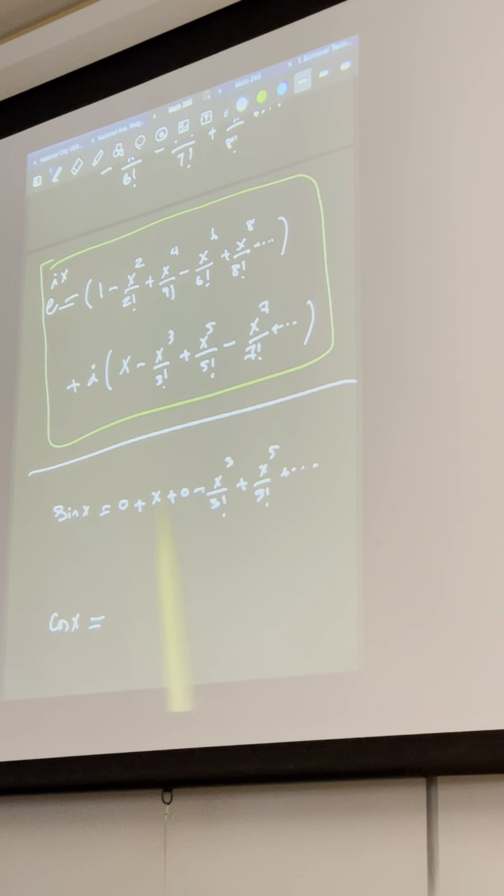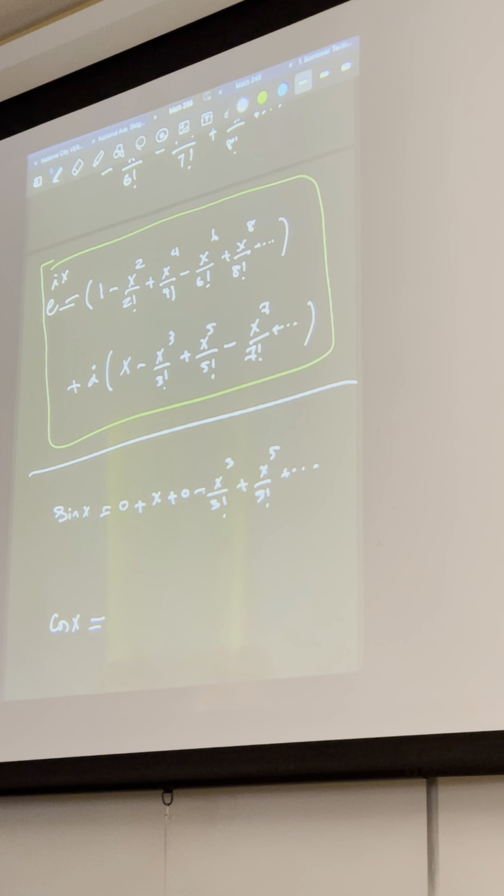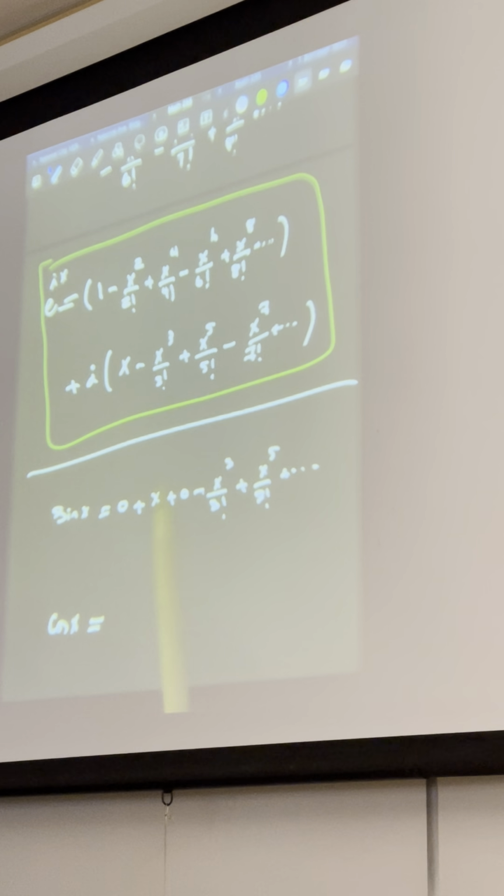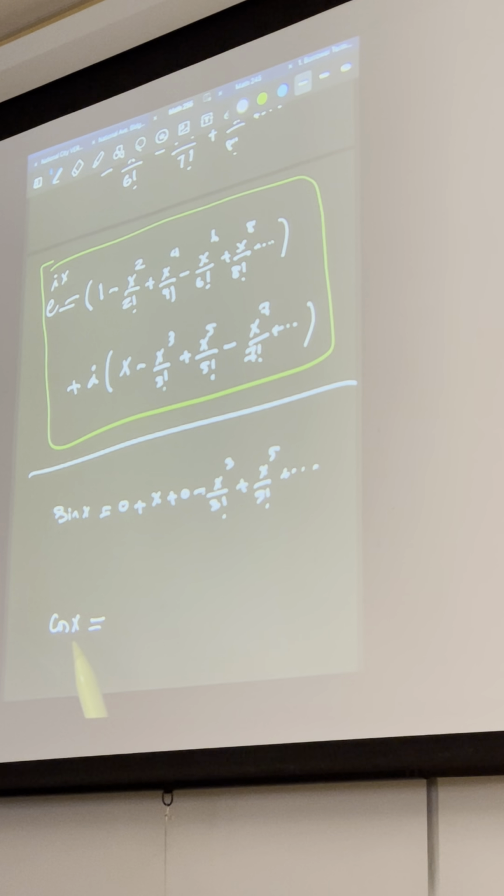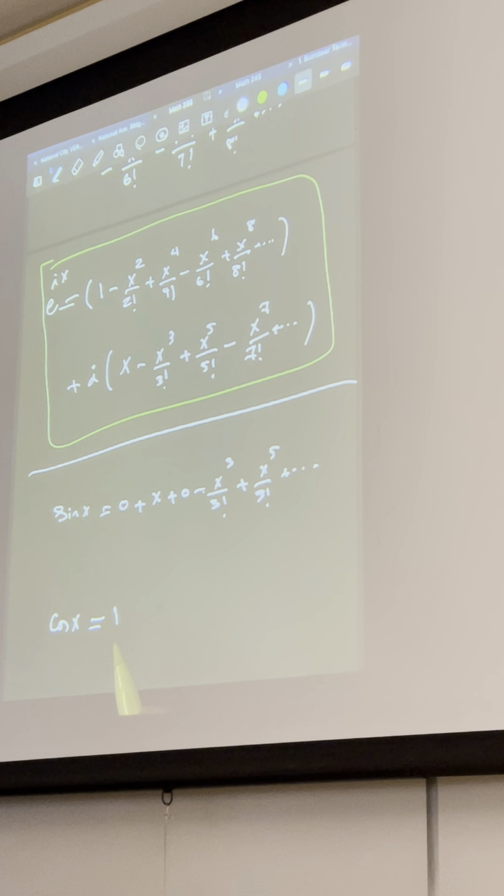But do you see that up here? It's this term. It's like the second one here. Let's talk about the Taylor expansion for cosine. What is cosine at 0? 1. And that's it. The derivative of cosine is sine.